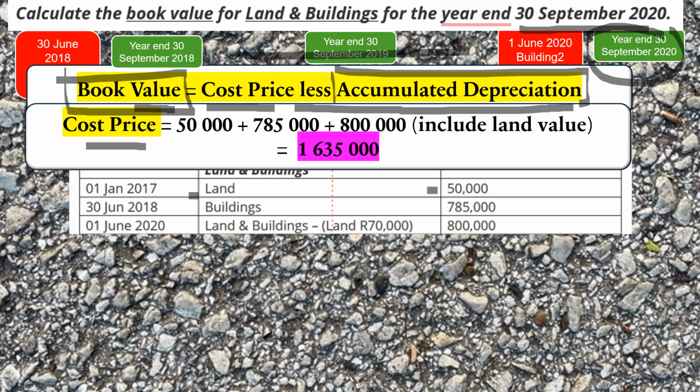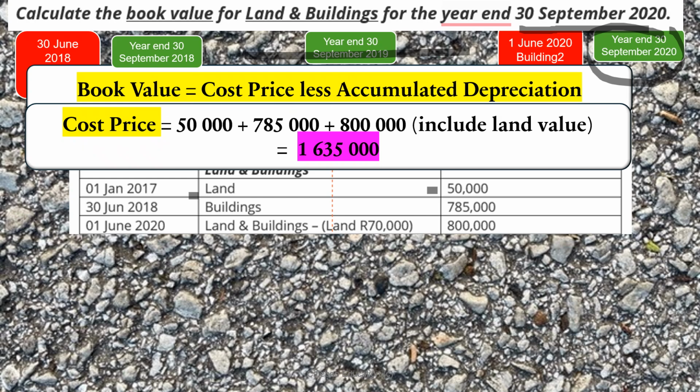So the cost price will include the land amounts. When you calculate depreciation, you exclude the land amounts. But what we're calculating here is the book value. So the cost price of land and buildings was the land purchased for 50,000. There it is.